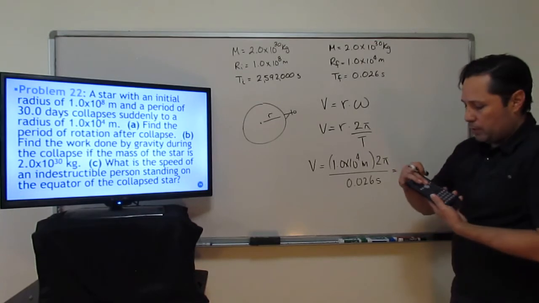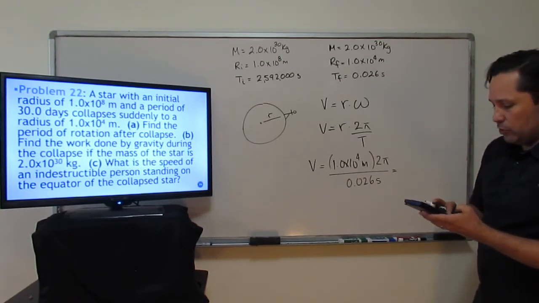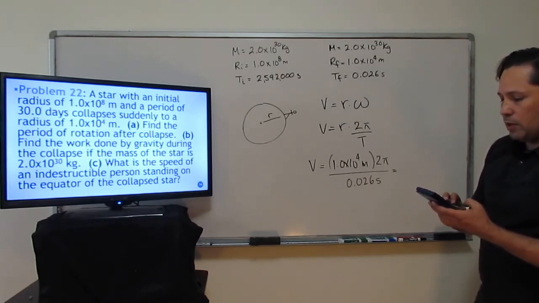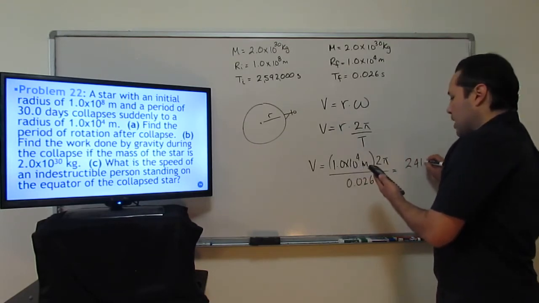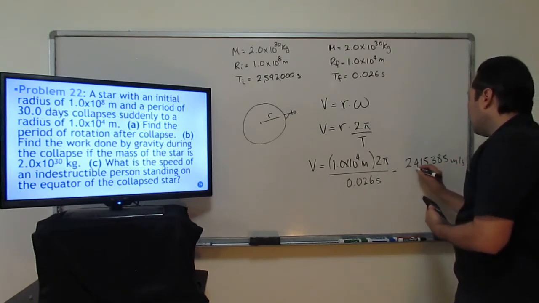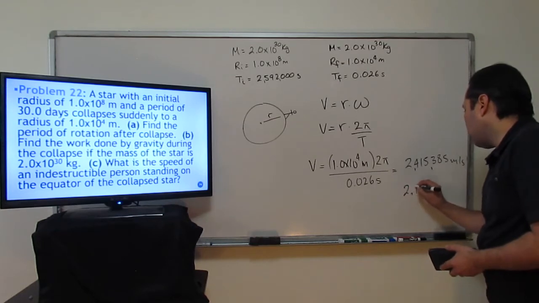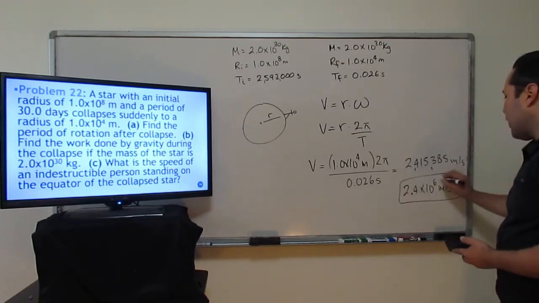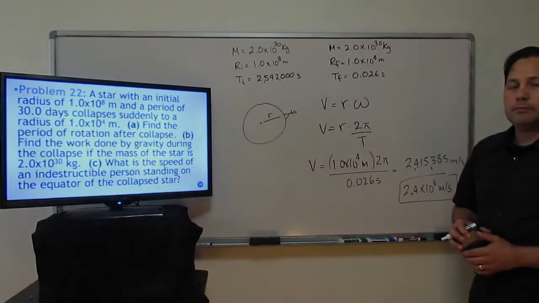So it is 1 times 10 to the 4 times 2 times 3.14 divided by 0.026. It's going to give us a speed of 2,415,385 meters per second. We should put that in scientific notation. We'll just go with 2.4 times 10 to the 6 meters per second. And that is how fast that person will be traveling standing on the equator of a collapsed star.